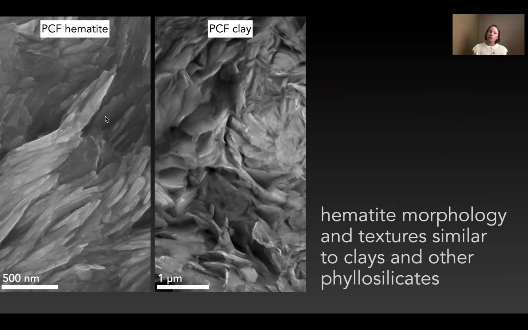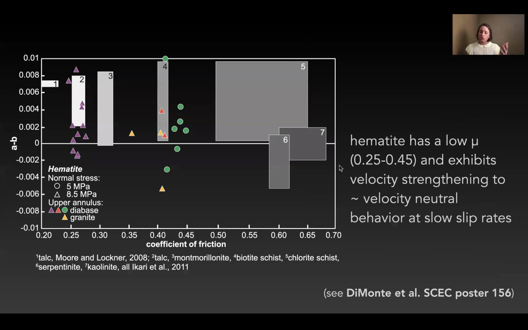The morphology that we observe, these high aspect ratio platelets, is reminiscent of textures from clays and other phyllosilicate phases.